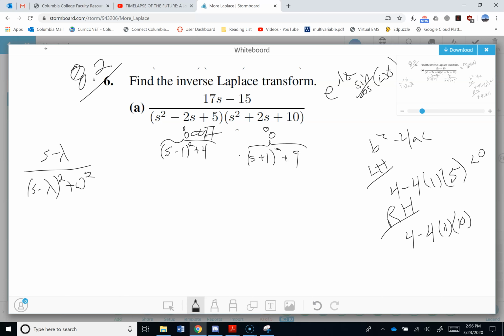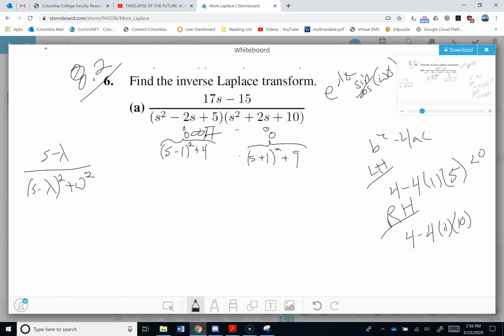And the sine one looks like omega over s minus lambda squared plus omega squared. So those are my goals to reach. And what I have currently does not look like that.